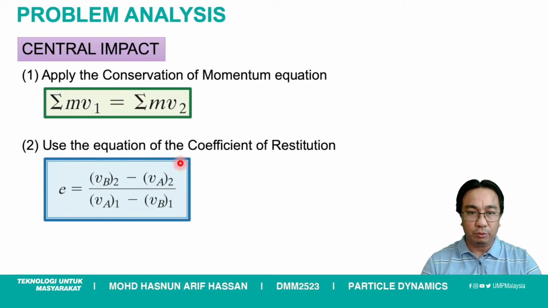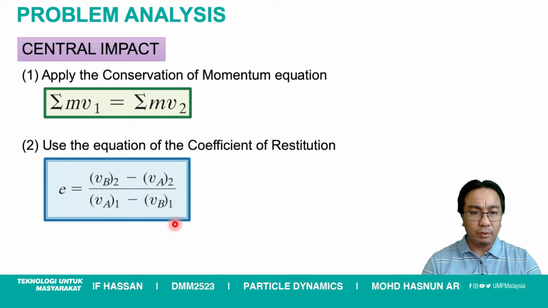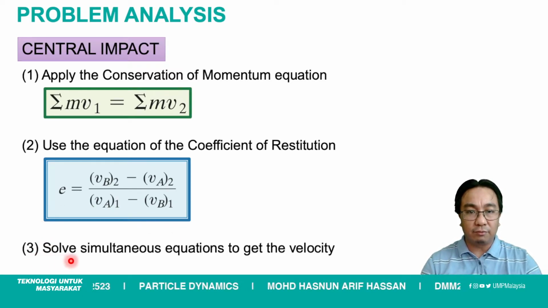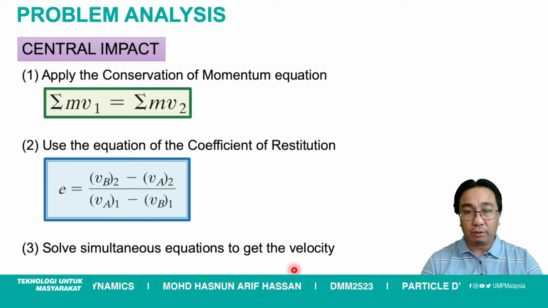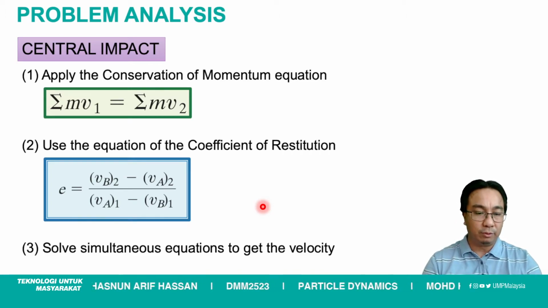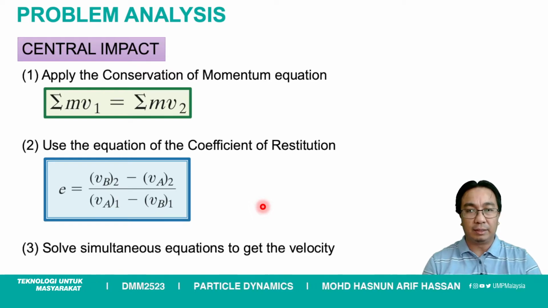So we have to use the coefficient of restitution equation to get the second equation. And then finally, we're going to solve the simultaneous equations to get the value of velocity. That is for central impact. We'll look at how to solve this problem in the example later.